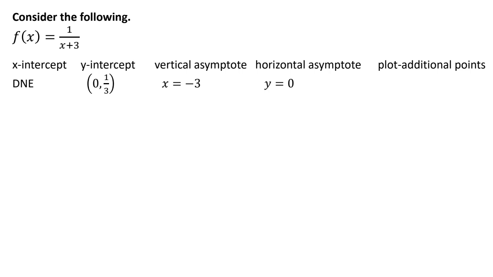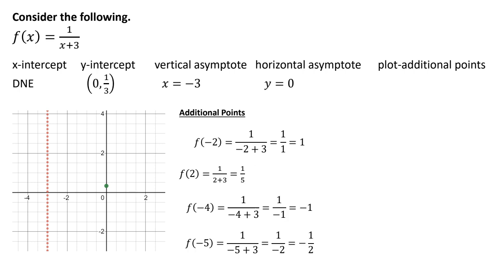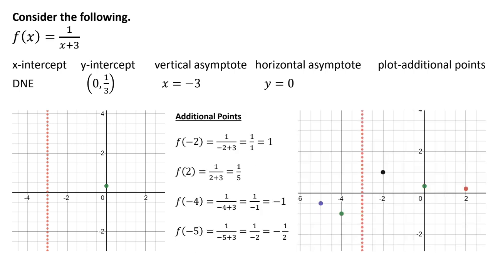You want to find its intercepts. You want to find the vertical asymptote, the horizontal asymptote, and then you want to plot some additional points. Okay, so when I plot my intercepts, and based on the fact that I know what my problem looks like, and by plotting these additional points, I get a graph.